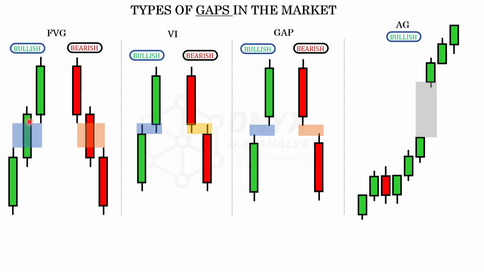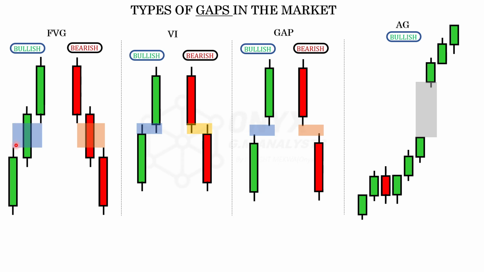The middle candle, there's a zone that I've marked passing through the middle candle. The first candle has a wick, and this wick comes somewhere in the body of the second candle, and then the second candle closes, and the third candle has a wick that comes somewhere in the middle of the previous candle, which was the second candle, as a fair value gap is formed by these 3 candles.